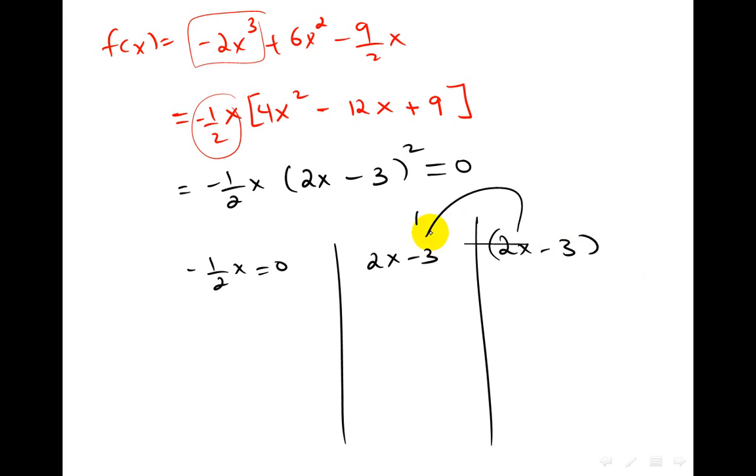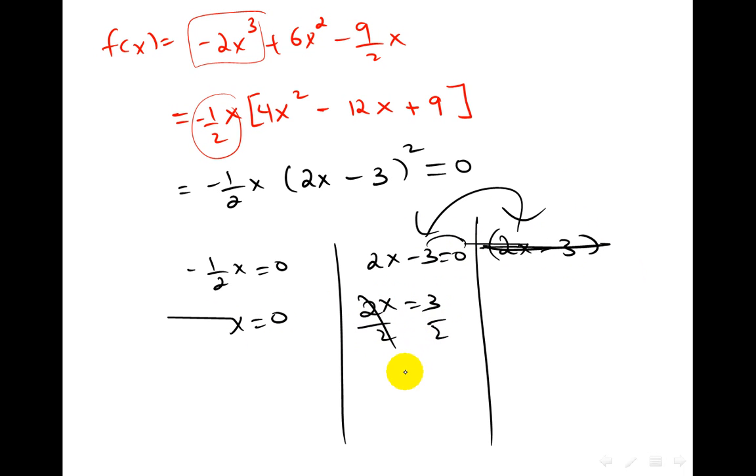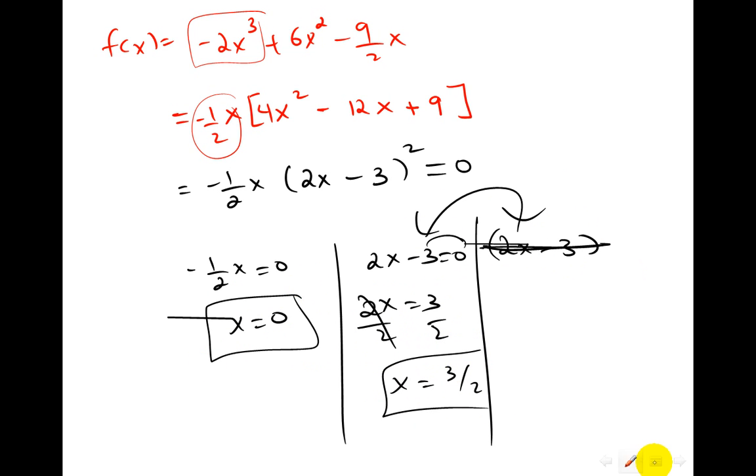The answer for these two is going to be the same, so I'll leave this part. Here directly x is 0, and here take this one back, 2x will be 3, so divide both sides by 2, x will be 3 over 2.